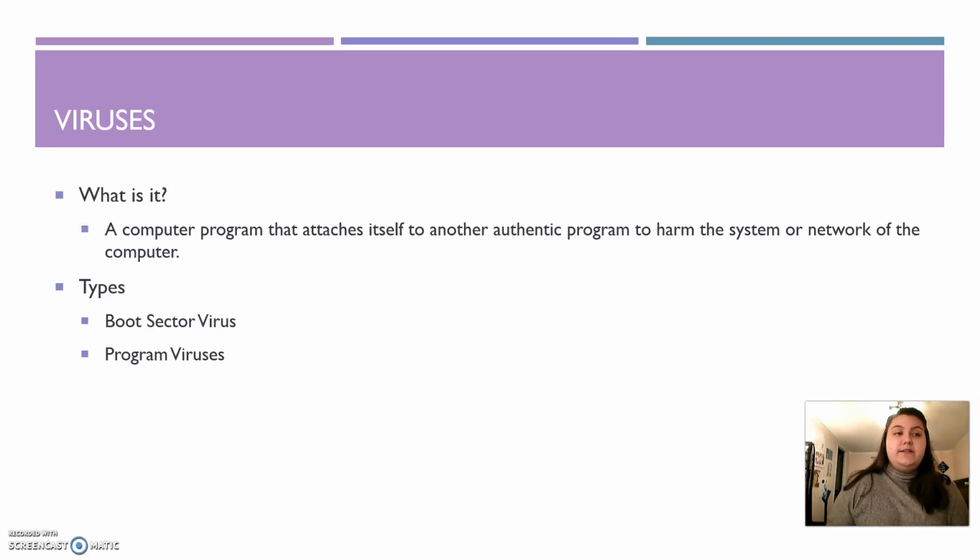Program viruses are programs that end with .com, .drv, .ovl, and so many more, and are downloaded into the memory of your computer. Depending on the purpose of the virus, it can delete your files, modify your files, or copy your files.